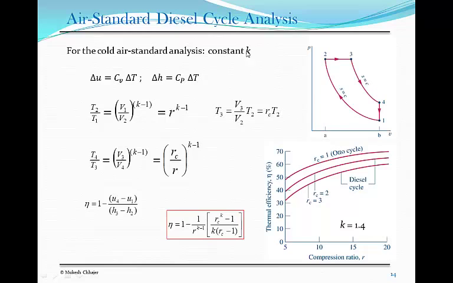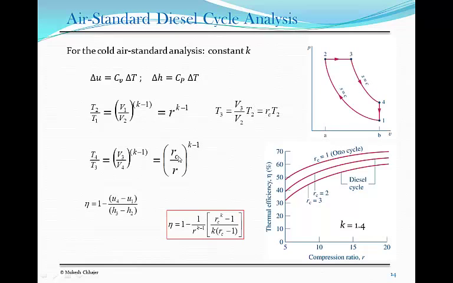So in that case, if heat capacities are constant, our change in internal energy would be Cv delta T, and change in enthalpy would be Cp delta T. And I'm using these relationships just for the polytropic processes. So polytropic process means process 1-2 and process 3-4. You can use those earlier relationships to find temperature ratios in terms of the compression ratio, and similarly T4 over T3 in terms of rc over r. And of course this is one that we saw earlier.